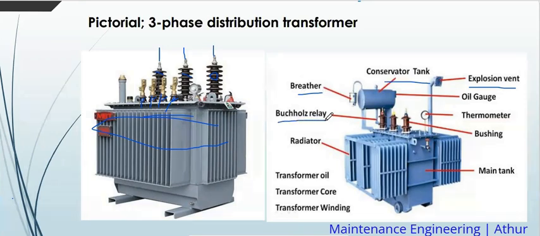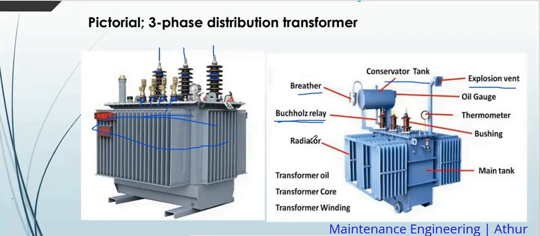A Buchholz relay is always connected to this conservator tank, and its importance is to determine any anomalies or faults that are happening inside the transformer. Anything that happens, then this Buchholz relay will show.